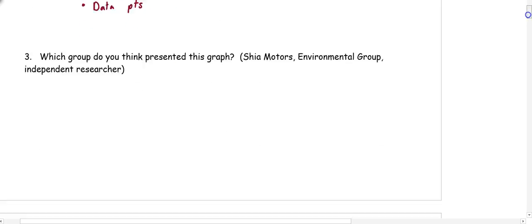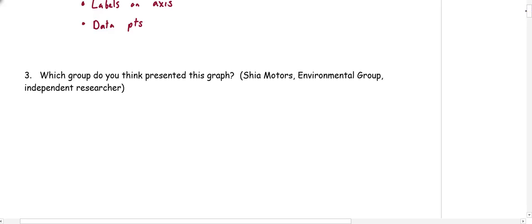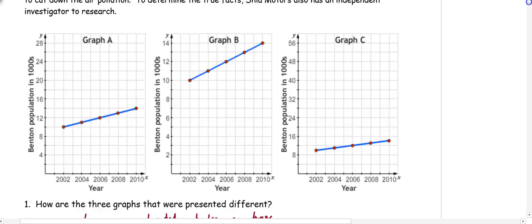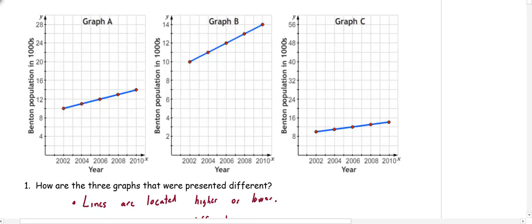So if we had to guess, which group do we think would represent it? Looking at this, remember that the city council and the mayor were trying to convince them that there's a big population and a need for jobs.